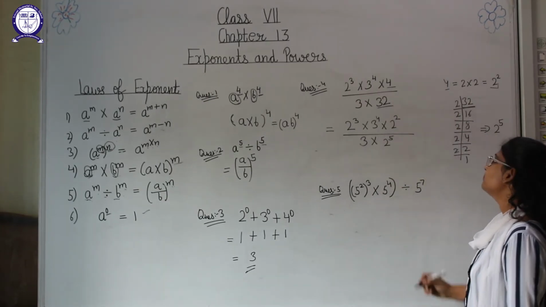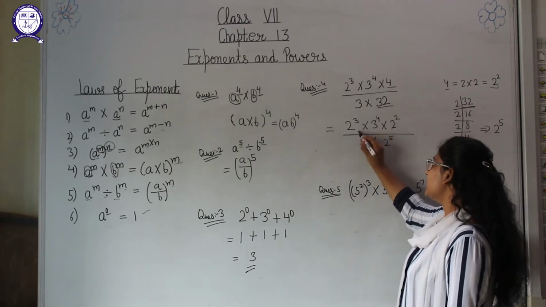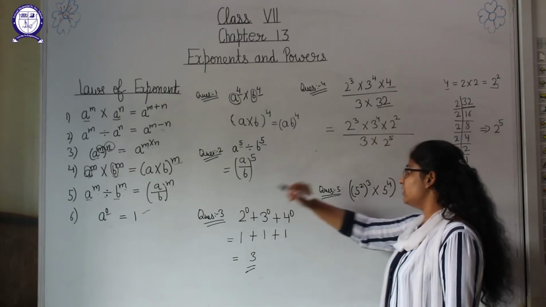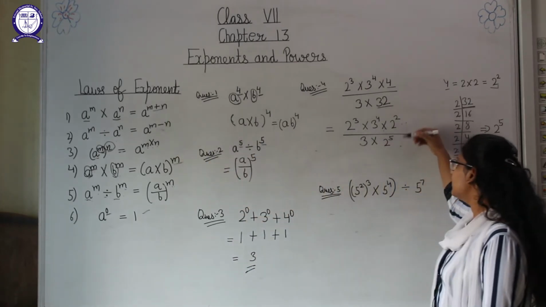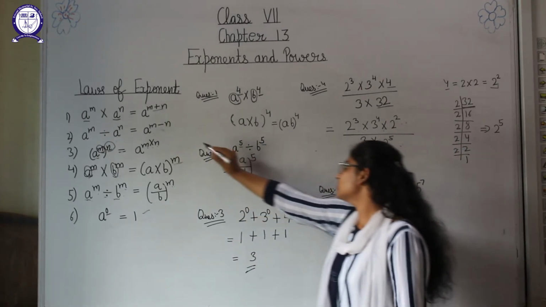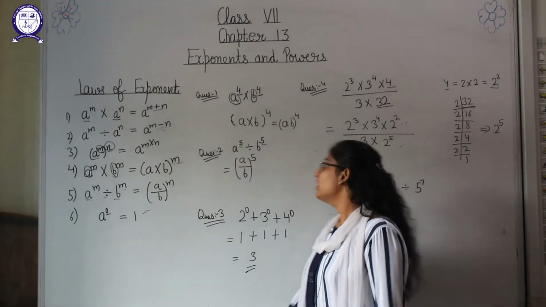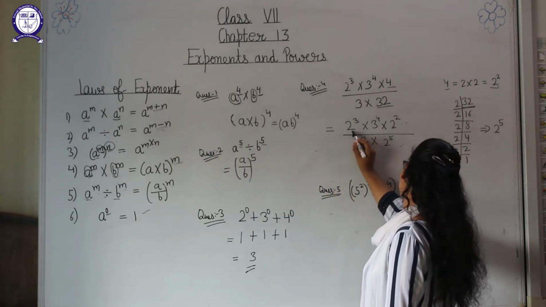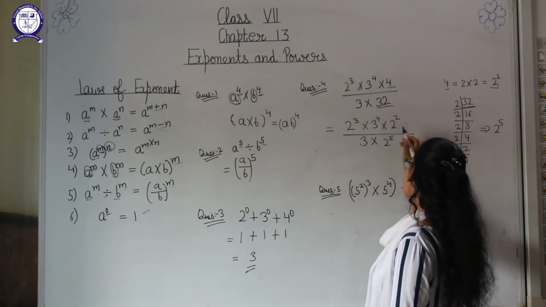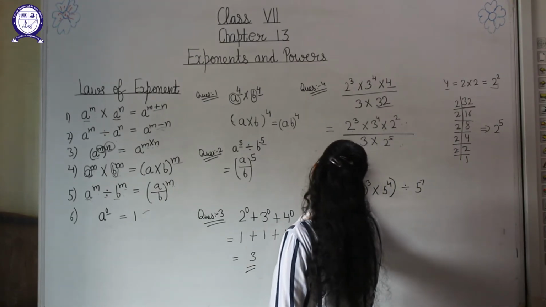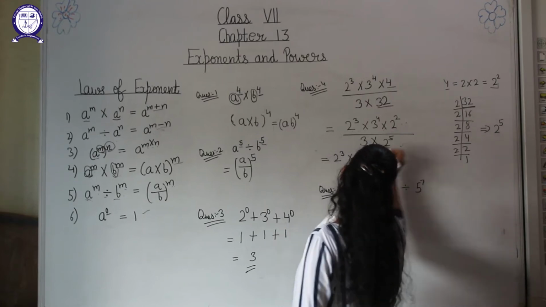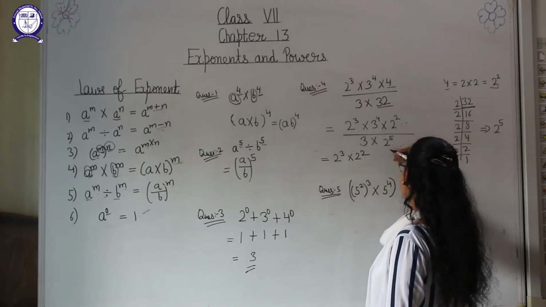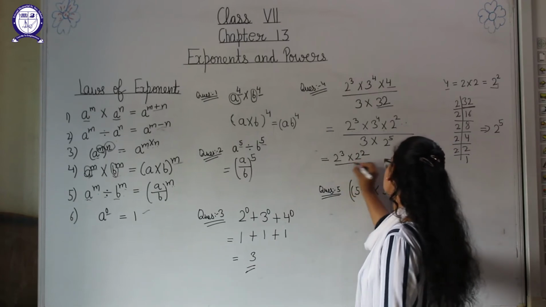Now what will we do? When the numbers are in multiplication, what do we do? We have to add the powers. When these are in division, what do we have to do? We have to subtract the powers. Okay. Now here 2 raised to the power 3 is given, 2 raised to the power 2 is given, and this is 2 raised to the power 5.